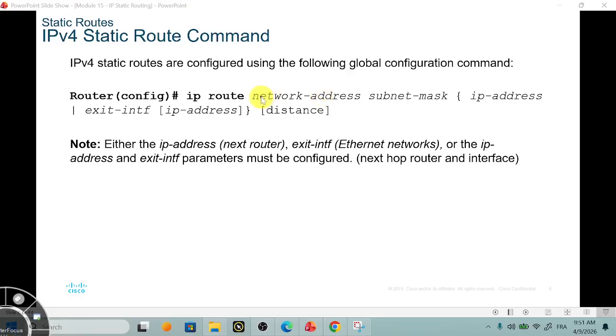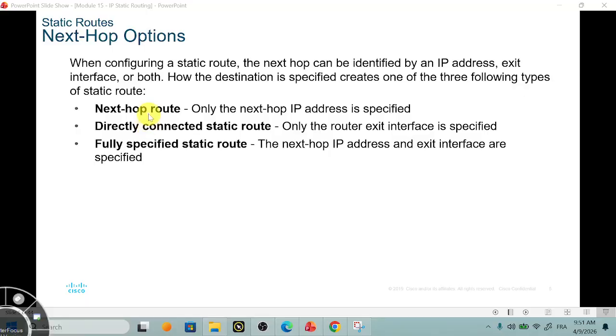So the destination network address, its subnet mask, IP address of next hop, exit interface of this router, the IP address for sure as we did here, okay?